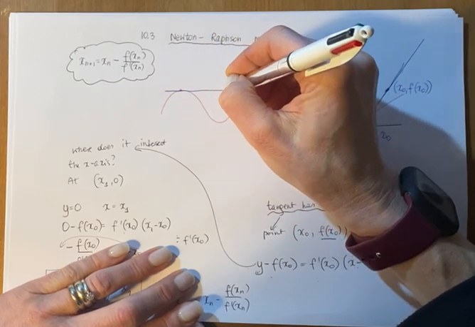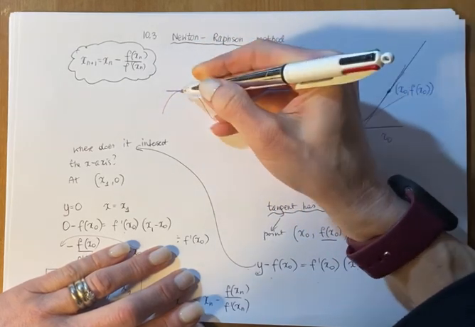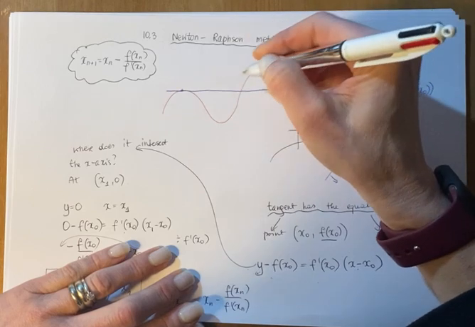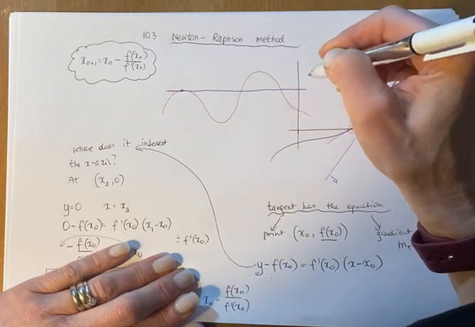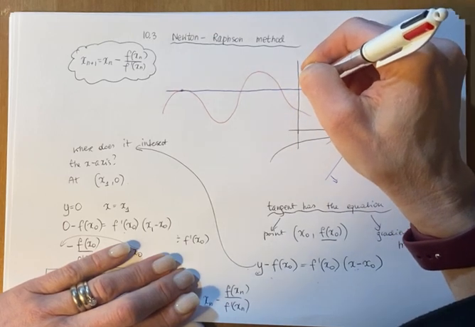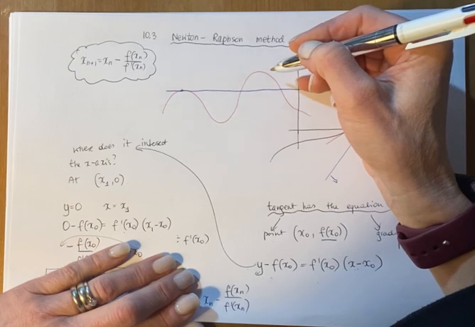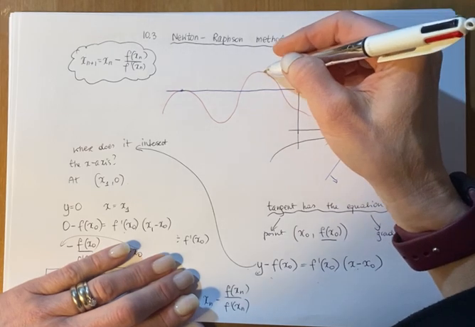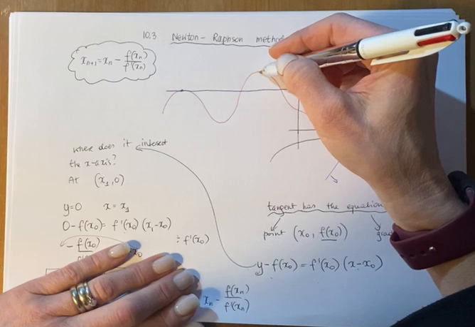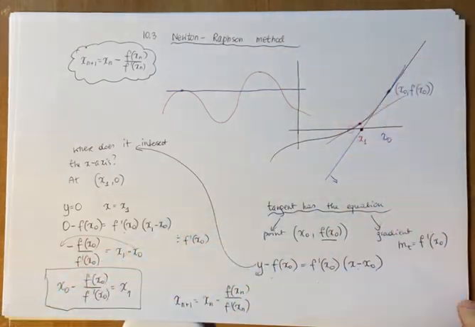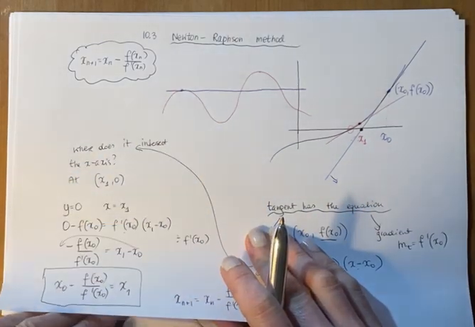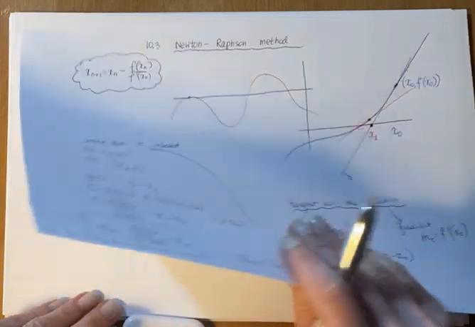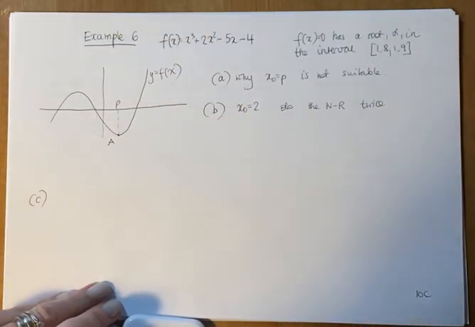Now if you've got that tangent, it's going to be horizontal. So at the minimum point or maximum point, the tangent is horizontal. It will never cross the x-axis, so you won't be able to use the Newton-Raphson method. This could also be happening close to those points, where the flatter the tangent, the further away from the solutions you could get. Doesn't mean it won't always work, because it could come back, but it is a possibility. Okay, so it's a bit more temperamental then.